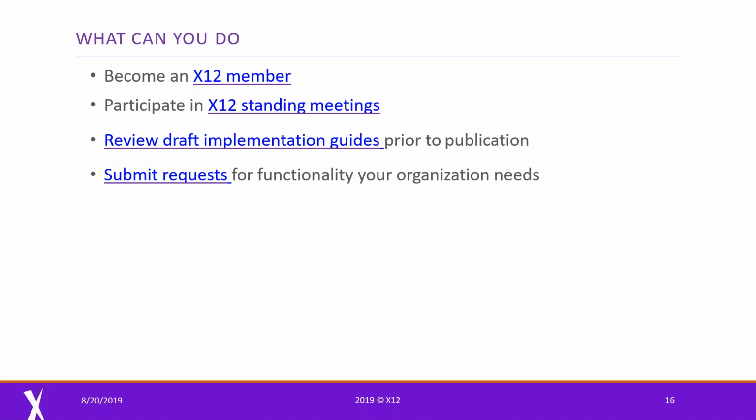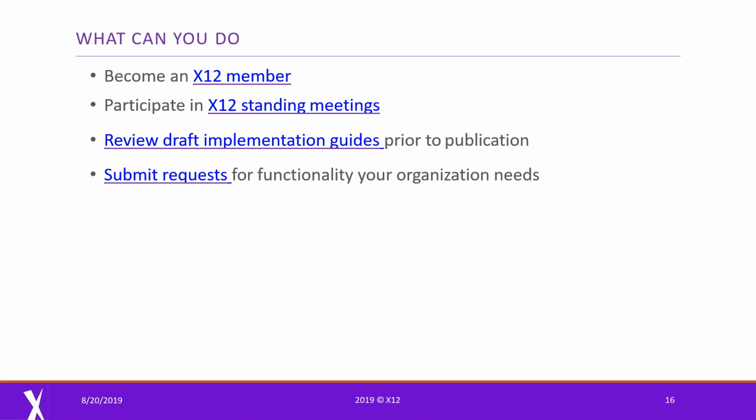It's also so important that when we have a public review period, you spend the time and energy to actually look at these changes and make sure they are working the way they need to. If they're not, please submit requests so we can make changes to support your needs.